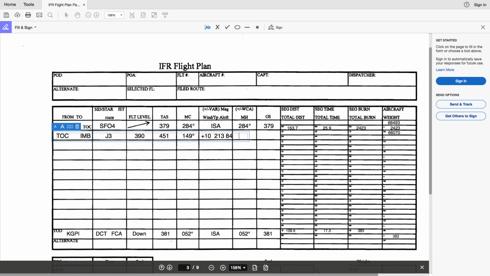So that gives us a ground speed of 408 knots and a true heading of 159 degrees. Slowing us down, isn't it?